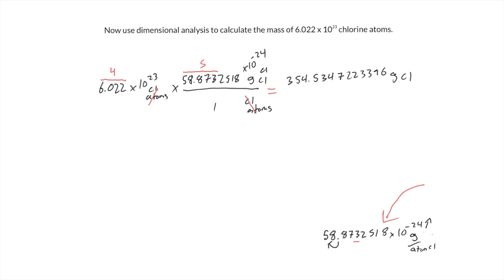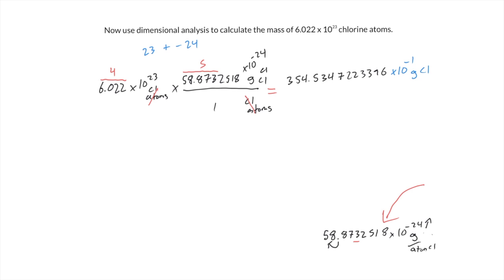Now, forgetting it again, always checking yourself. It's important during these problems. Can't forget that we have exponents to deal with. So we have 23 plus negative 24. It's 23 minus 24, of course, which is going to give us our times 10 to the negative 1 grams of chlorine.